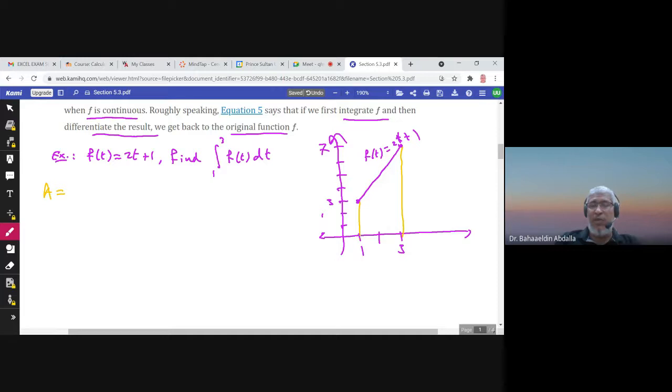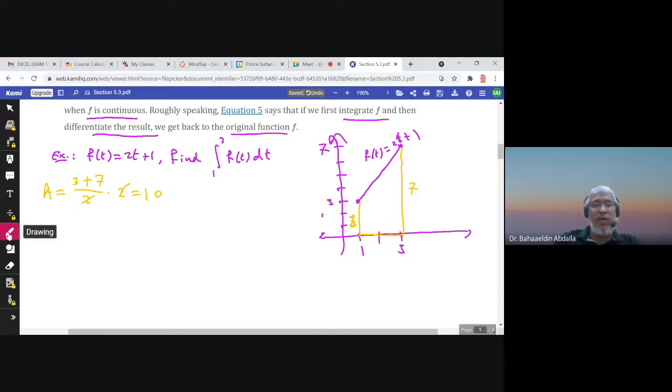The first base has length 3, and the other base has length 7. So it's 3 plus 7 over 2 times the height, and the height from 1 to 3 is 2. So the answer is 10. So the area of this region is 10 square units.